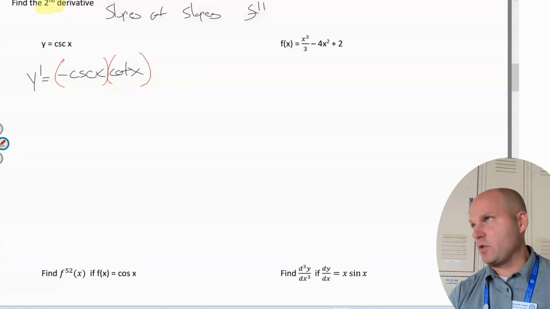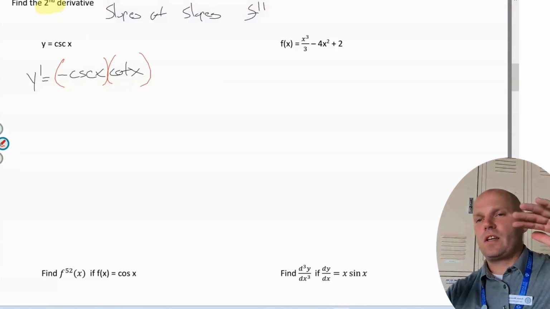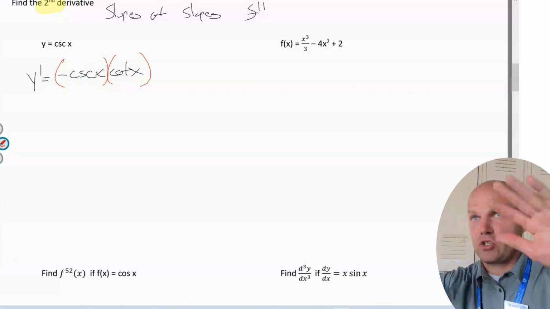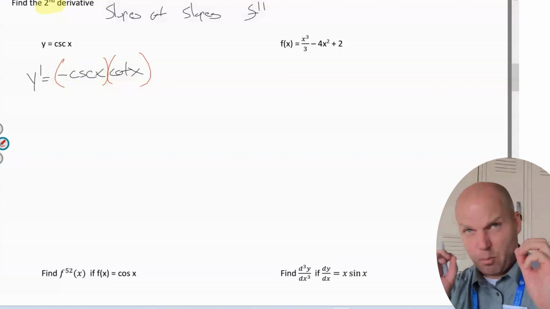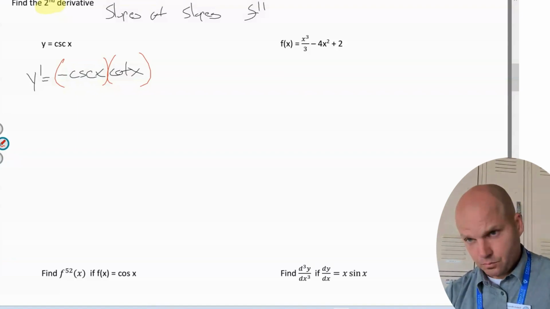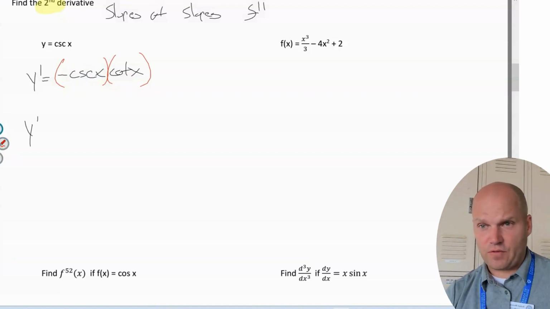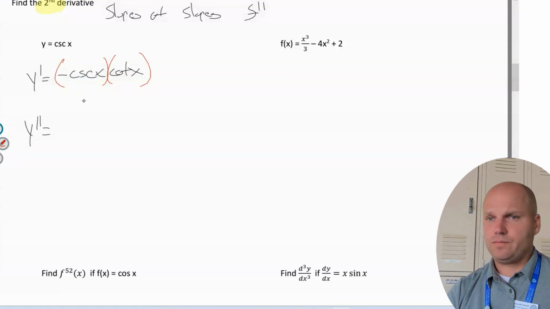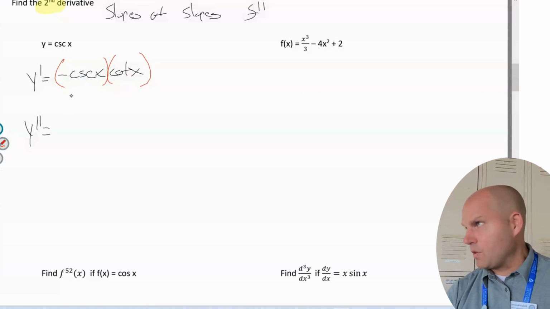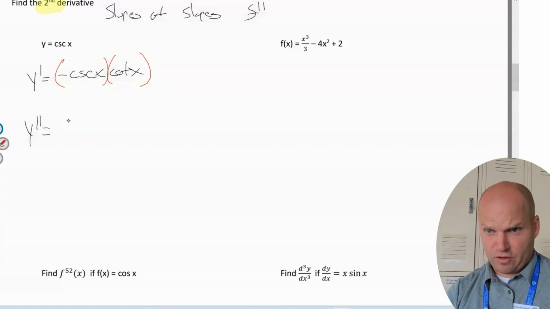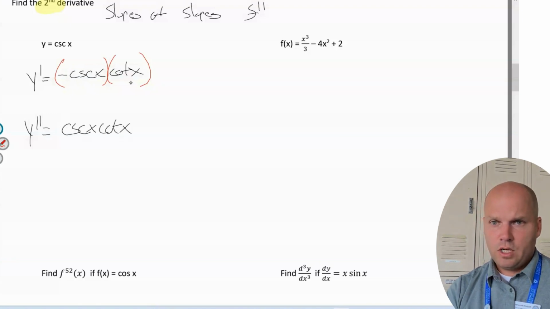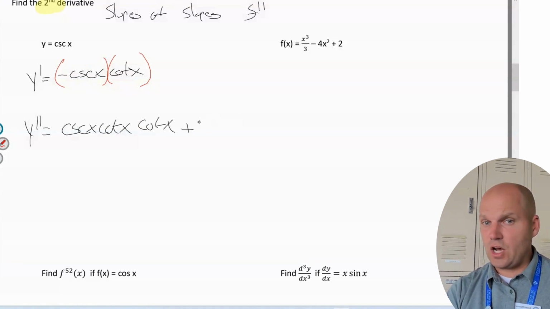Now, I purposely give you this problem because when we take the first derivative, when we find the slopes of cosecant, we end up with a product. If I want to find the slopes of that, I have to use the product rule. I have to have the slopes of cosecant, which I just found, so I'm going to do it again, only it's going to be positive. So here's the slopes of the first times the second plus the slopes of the second times the first.